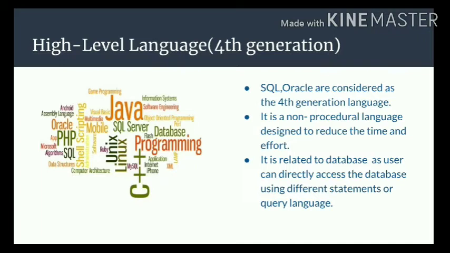It is designed to reduce time and effort, and these languages are closer to the users, as they can directly access the data from the database by using different statements or a query language. They allow users and programmers to interrogate and access the data.